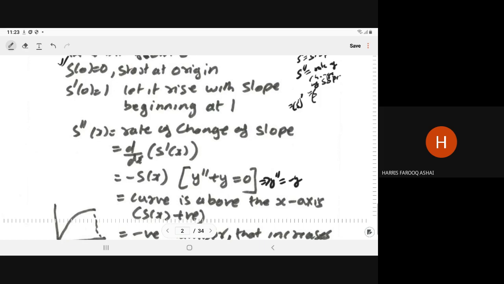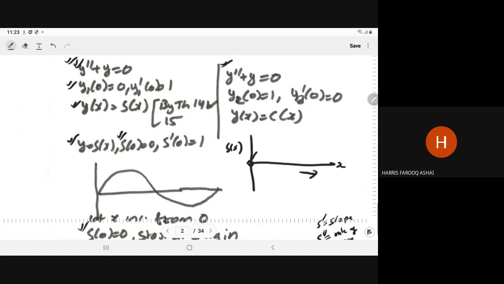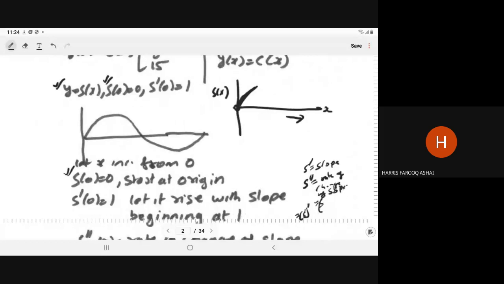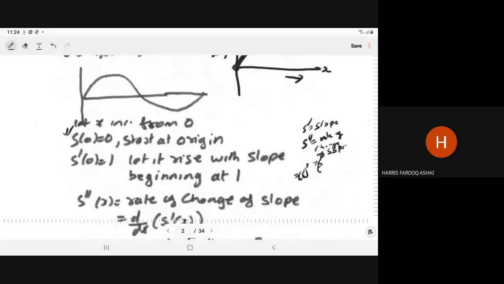Now, here I have said s is on the positive side. So s is positive means minus s is negative. It means s double dash is negative, meaning negative rate of change of the slope.